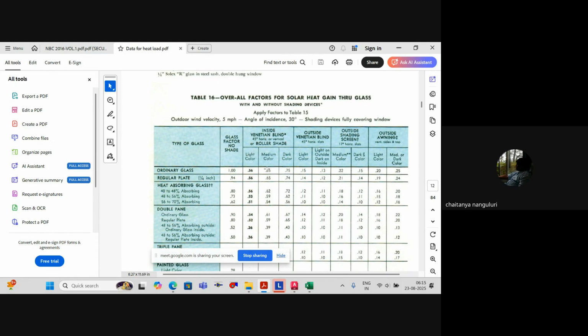So I can take ordinary glass, but the Venetian blind is light color, I told you. You remember? If I take ordinary glass, I'll consider the blind, the curtain kind of thing that I have, which is light color. So considering that, this value is 0.56.